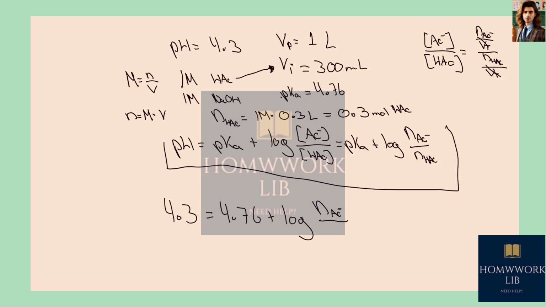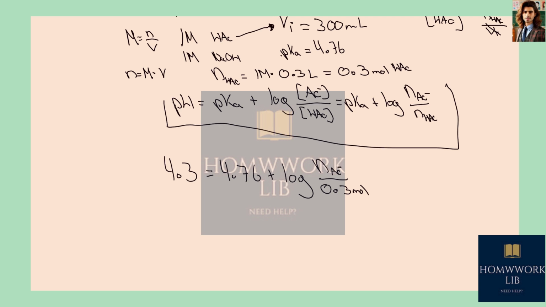The amount of moles of acetic acid is going to be 0.3. So we need to solve for acetate. Rearranging this equation, 4.3 minus 4.76 is going to give us minus 0.46, right? So minus 0.46 is going to be equal to the logarithm of n Ac minus divided by 0.3.